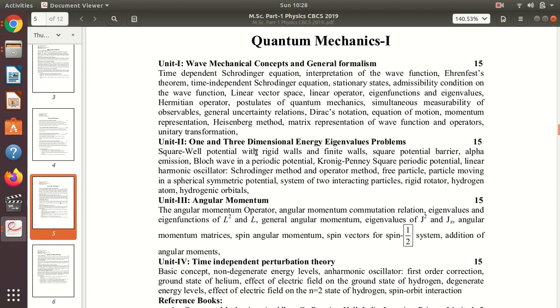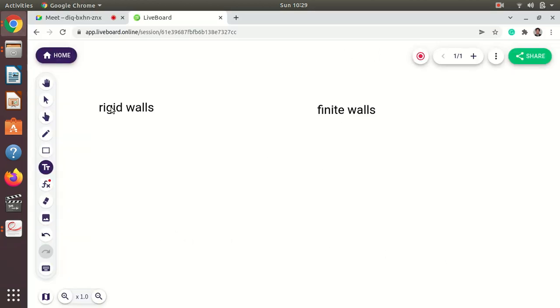Now here there are two different kinds of things they have given, rigid walls and finite walls. I will give the difference between these two. Rigid walls are also called impenetrable walls. This means we cannot penetrate the wall. What is penetration?